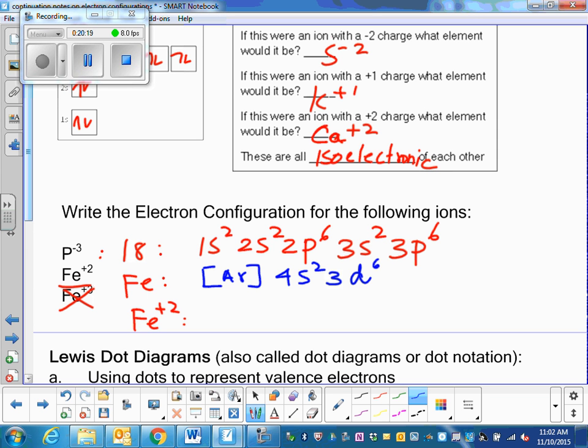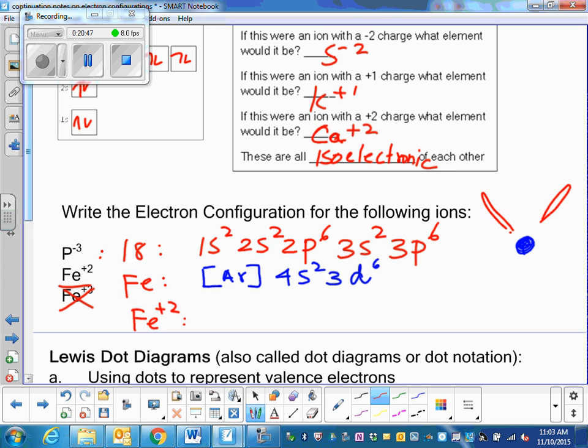Now, the d level, you call it the next higher energy level in which the electron is being added. Is that right? The higher energy level is not actually the outermost energy level. What does that mean? If you look at the d orbital, if you look at the central nucleus, the d orbital is kind of like a flower petal.